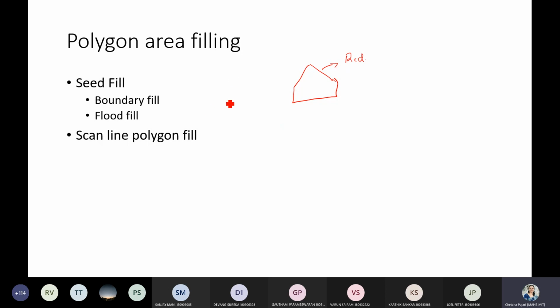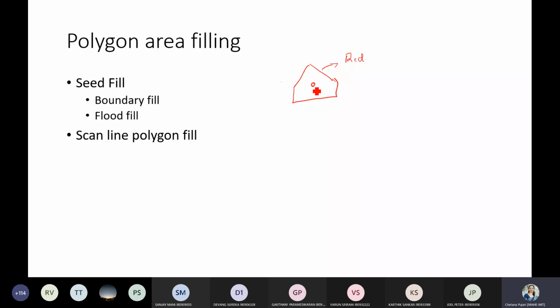So what you're going to do in a boundary fill algorithm is select one pixel. You're going to first identify if the pixel is inside or outside the polygon using the test method. We just discussed different test methods, right?